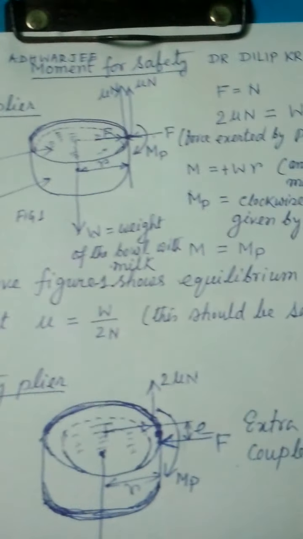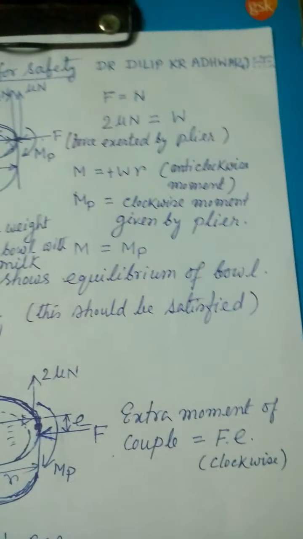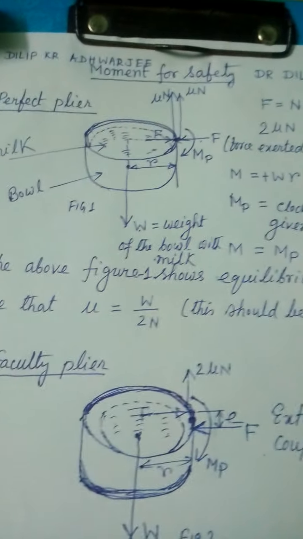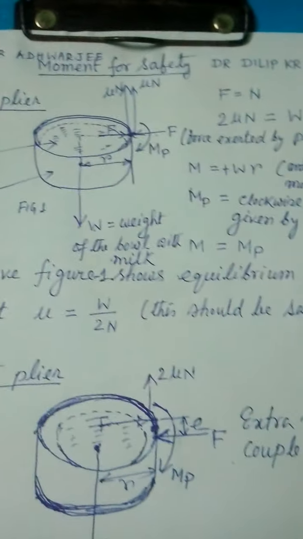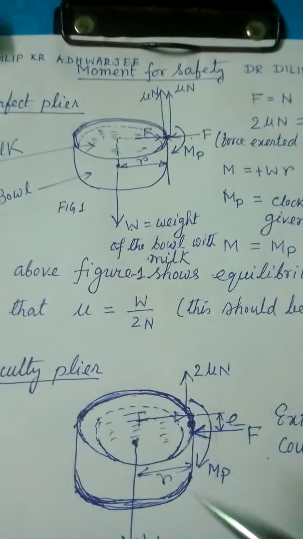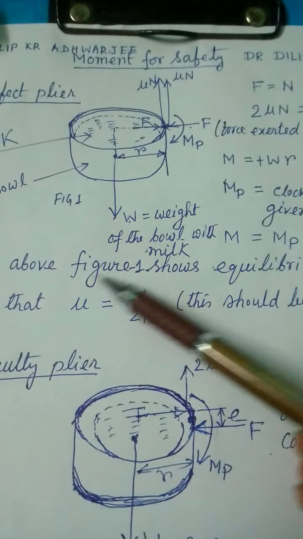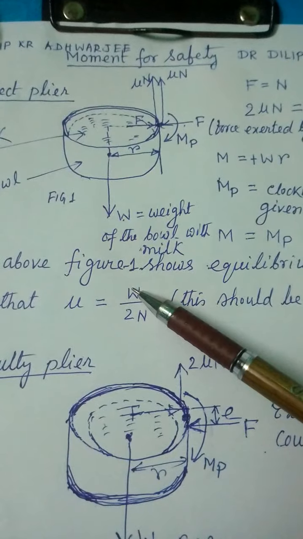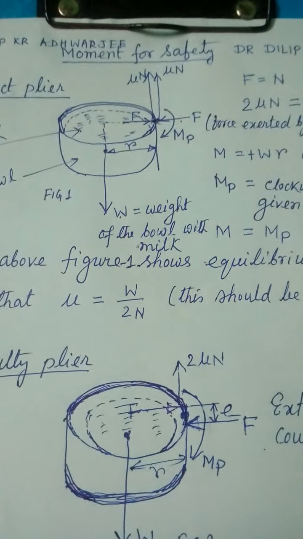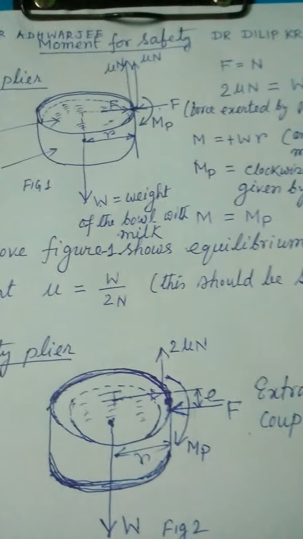You just note down, this is the total figure. Now mu will be equal to W by 2n. This should be the friction. This is required. This is the condition. This is the weight of the bowl and the normal reaction given by the plier.